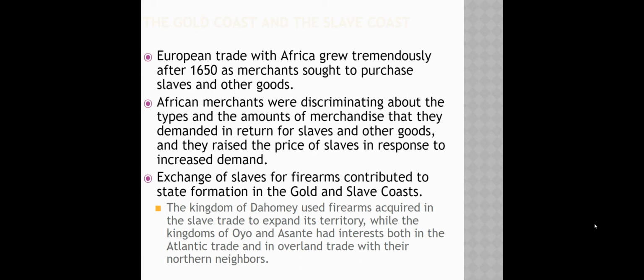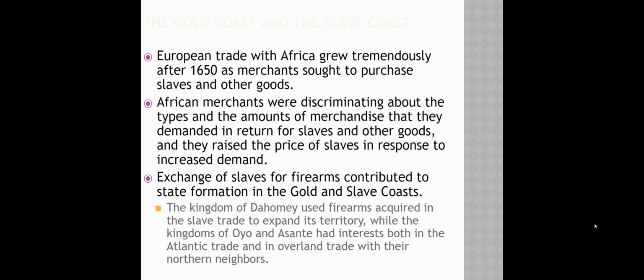The exchange of slaves for firearms contributed to state formation in the Gold and Slave Coasts. For example, the Kingdom of Dahomey used firearms acquired in the slave trade to expand its territory. The kingdoms of Oyo and Asante had interests in both the Atlantic trade and an overland trade with their northern neighbors. The African kings and merchants of the Golden Slave Coast obtained slaves from among the prisoners of war captured in conflicts between African kingdoms.